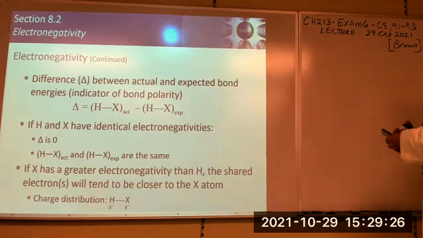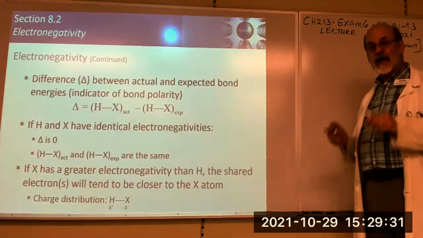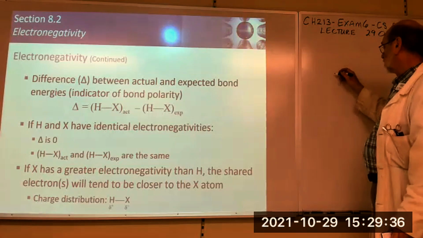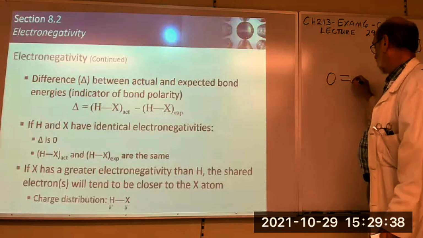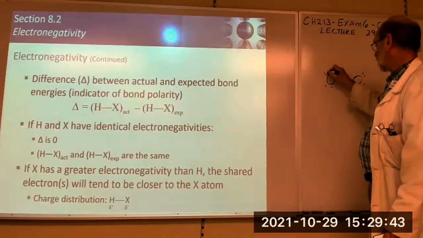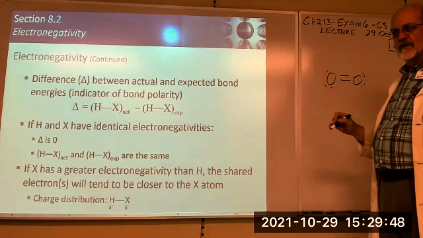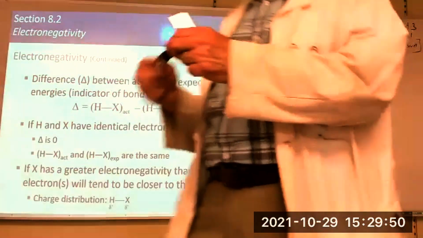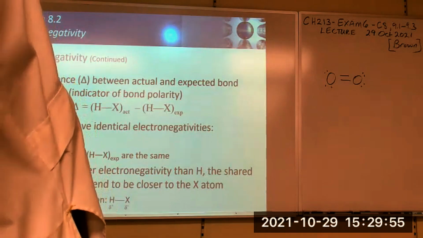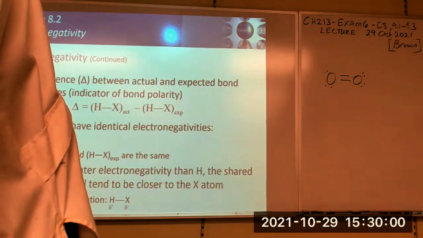Now, I will say, if you have two atoms of the same element, that's guaranteed to be a non-polar bond, such as, let's go back to oxygen. This would be the Lewis dot structure. We did that, didn't we? Or is that what we're supposed to do today? Maybe stealing my own thunder.